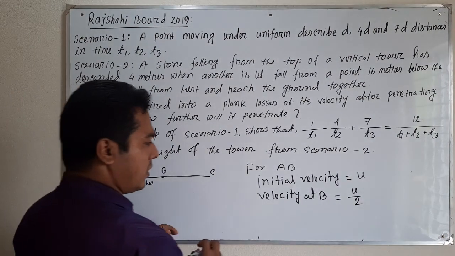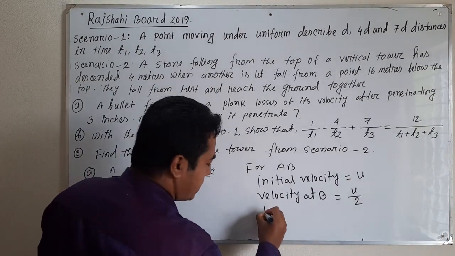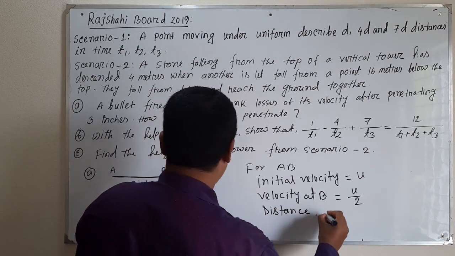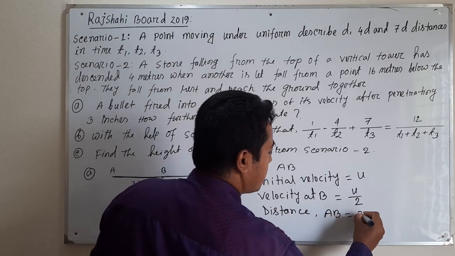Okay, now distance AB is equal to 3 inches.